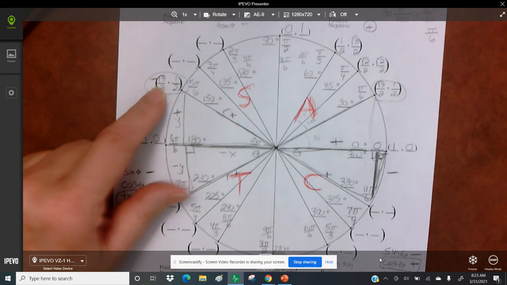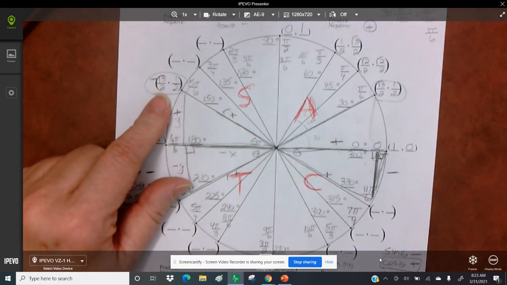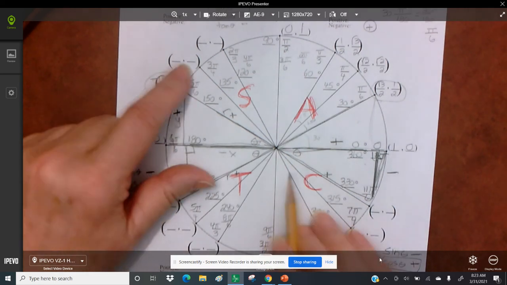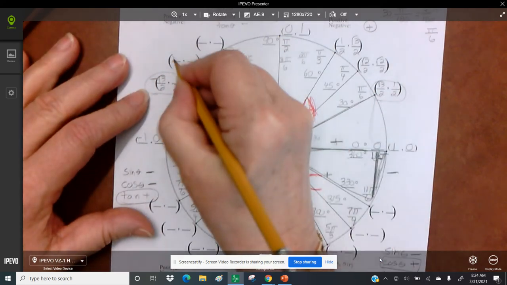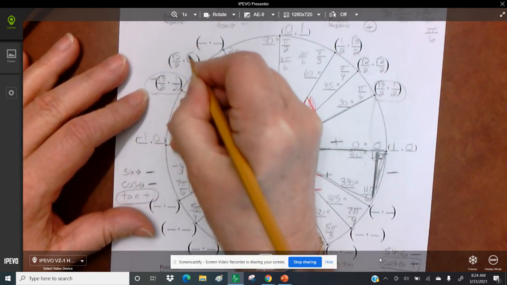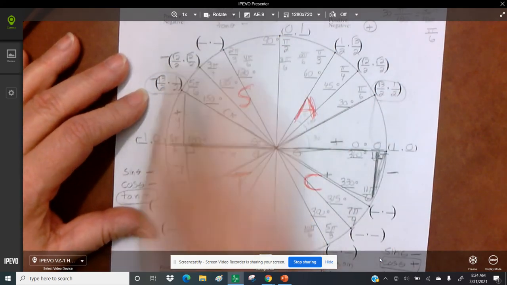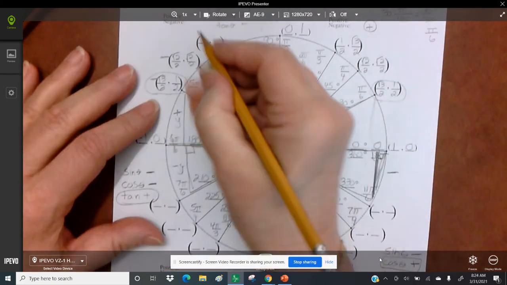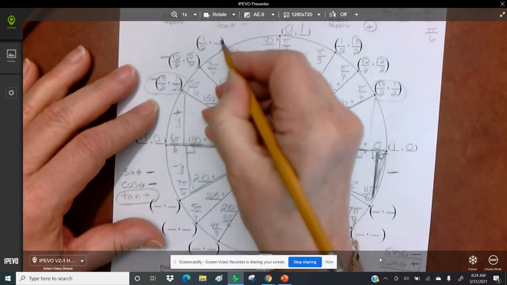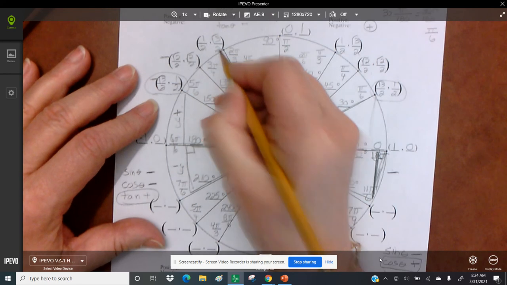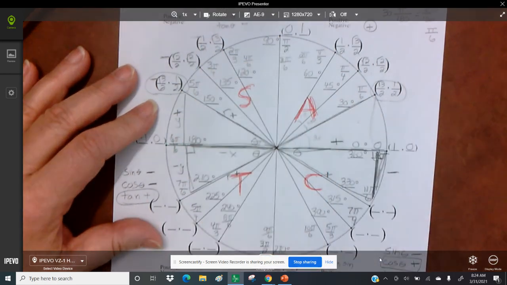So remember, it goes cosine, sine, so my x value will be negative. This one here is going to be the same as this one, square root of 2 over 2, but this is going to be negative. And in this one here, this is going to be the same thing as 1/2, square root of 3 over 2, but this is going to be negative.